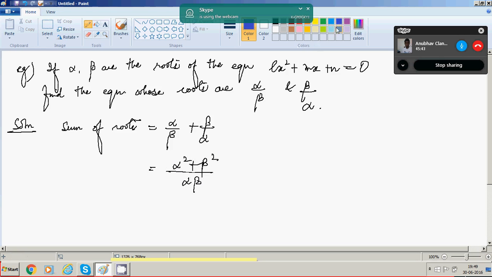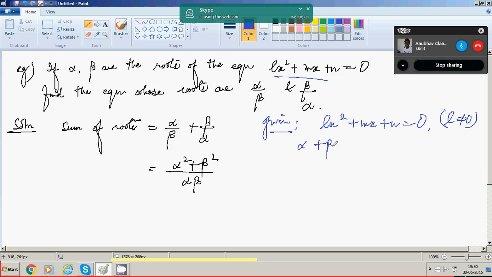So in other words, we have to find alpha and beta here, for the given equation Lx squared plus mx plus n equal to 0, L is not equal to 0. Please note that. Write it explicitly so that you can control all the variables.